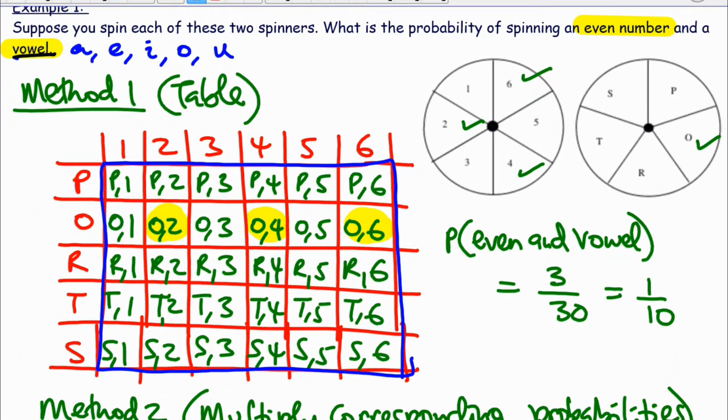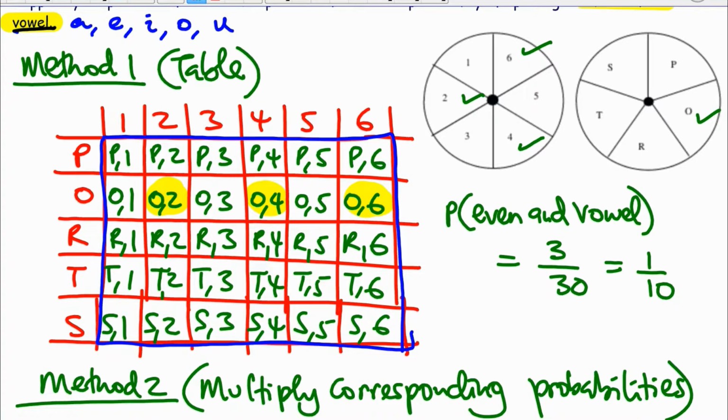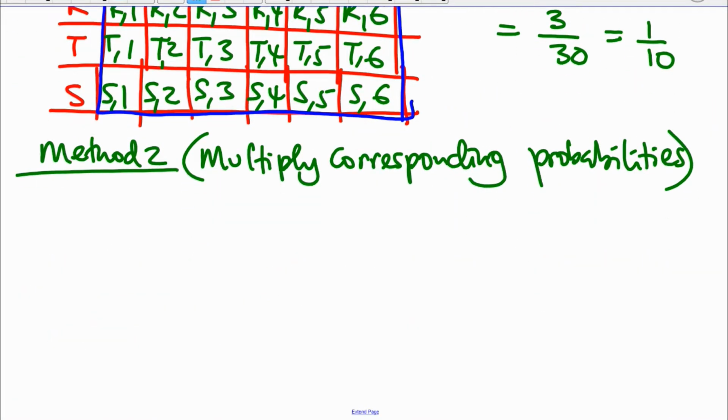So basically, by inspection, if you go back to the first spinner, the probability of getting an even number is 3 out of 6, which is a half.